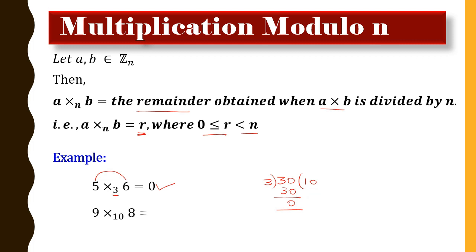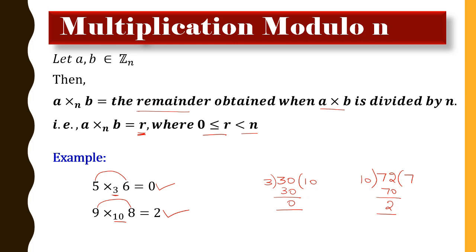And another example is 9 multiplication modulo 10, 8. So what we have to do? Multiply 9 into 8. 9 8s are 72, and you should divide this by 10. If you divide 72 by 10, 10 7s are 70. Therefore I get remainder as 2. Therefore answer is 2.